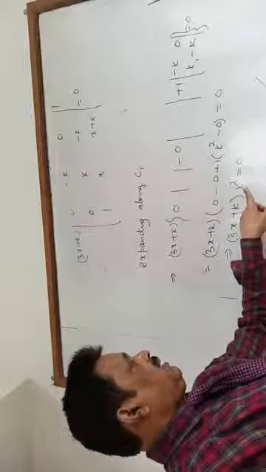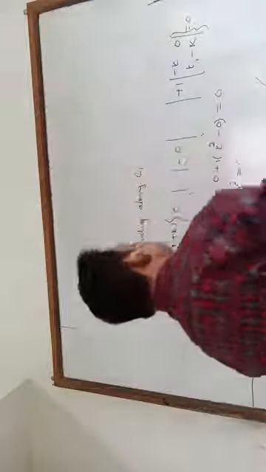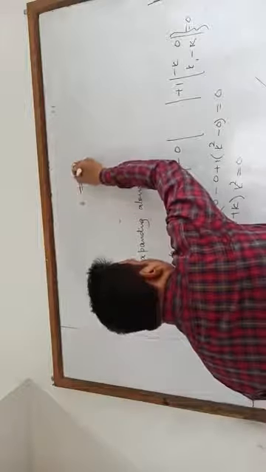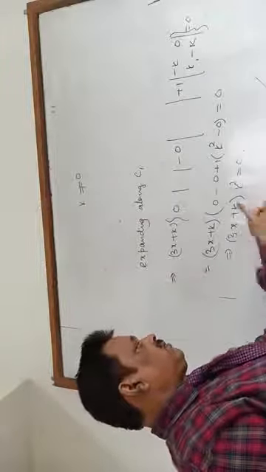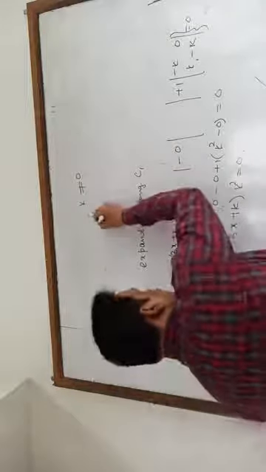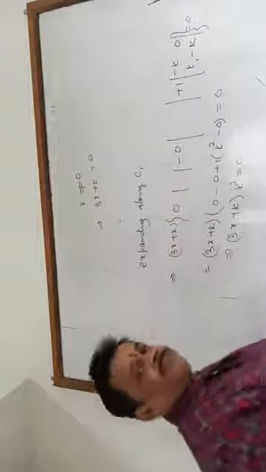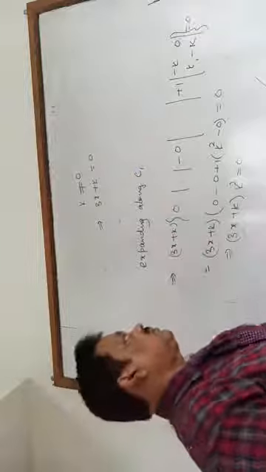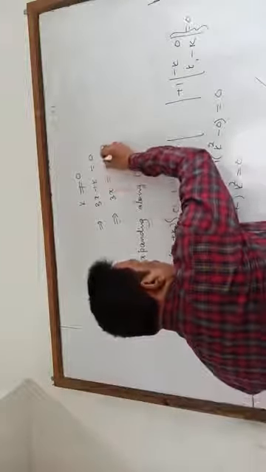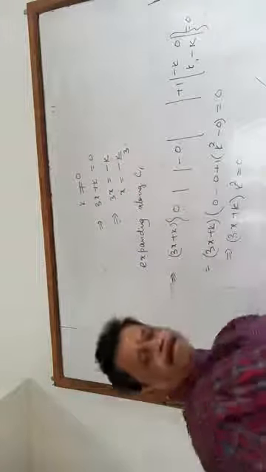But you are given k square is not 0, since k is not 0. If this is not 0, then automatically the other factor will be 0 because the product is 0. So 3x plus k equals to 0. This gives us 3x equals to minus k, x equals to minus k by 3.